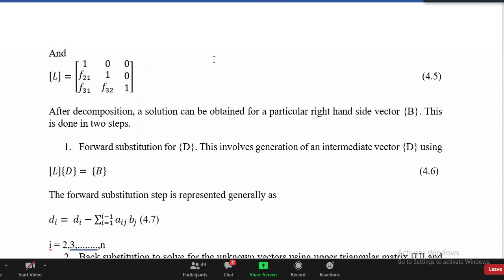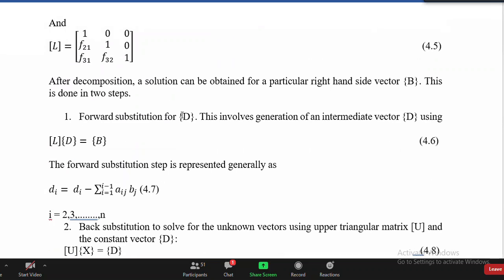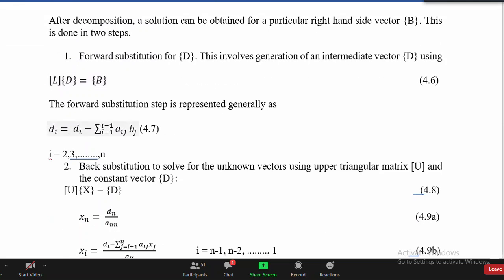So what we do now is we generate an intermediate column vector D using this lower matrix, with the original B given. We generate the column vector D with the lower matrix, and we can calculate all the D's using this equation.